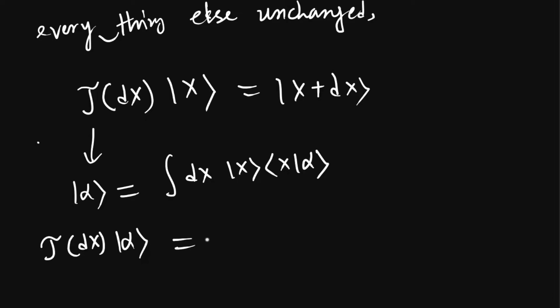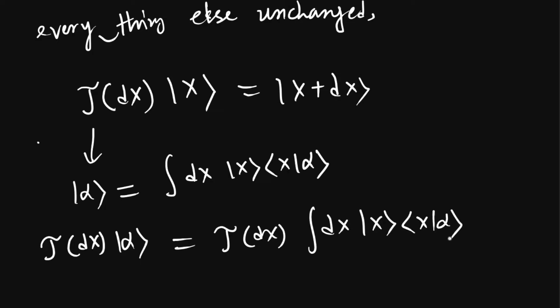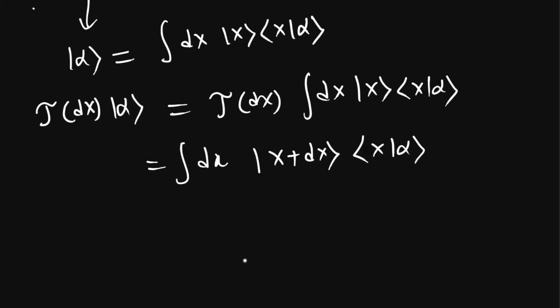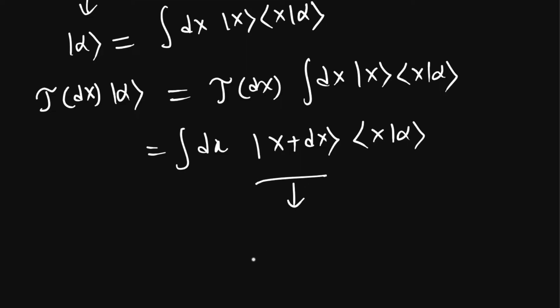Now if we operate tau dx on ket x, it will change the state to ket x plus dx, times x alpha. It means tau dx shifts the coordinate of the system by an infinitesimal dx amount. Shift the coordinate.